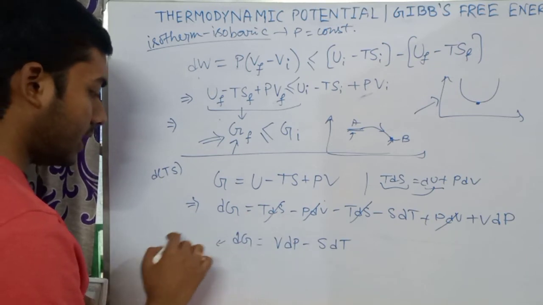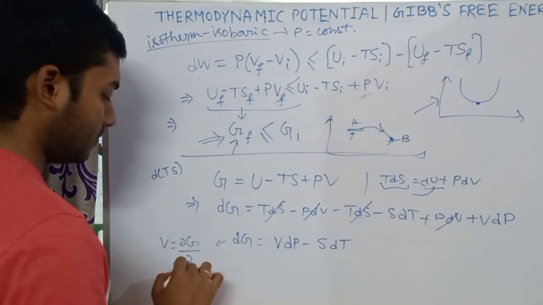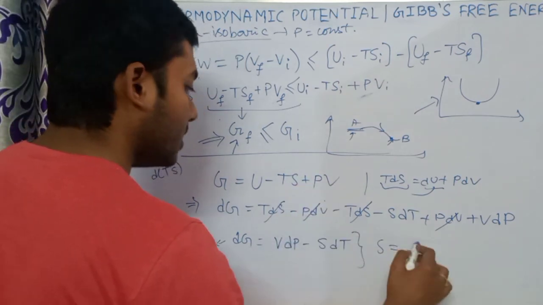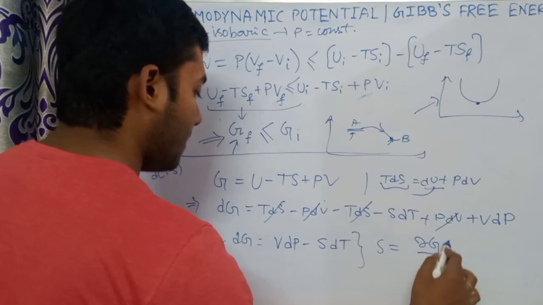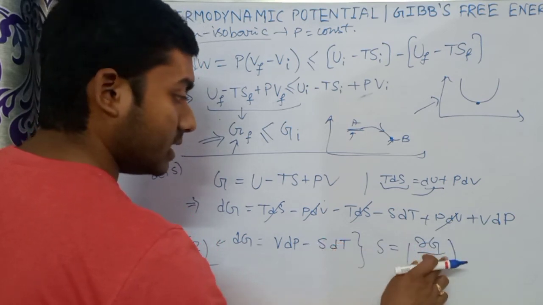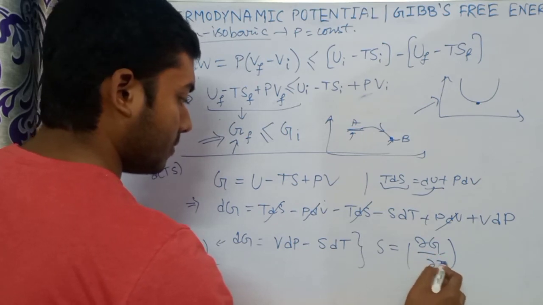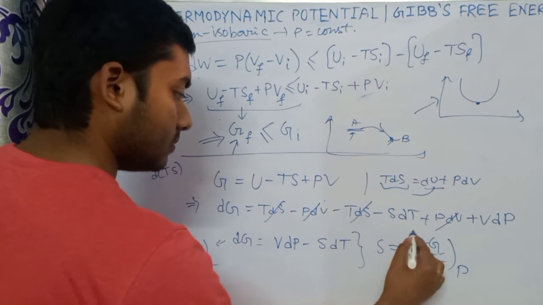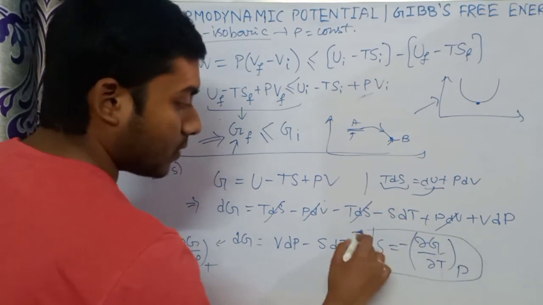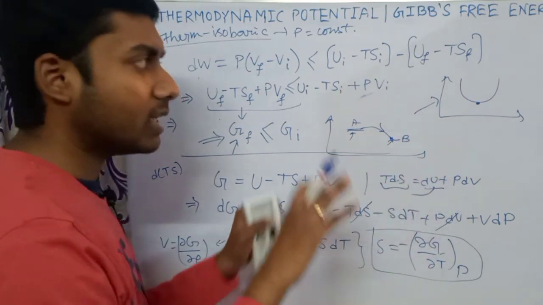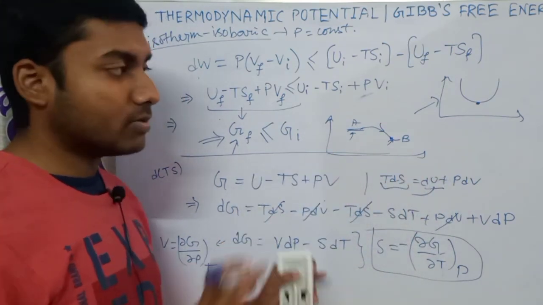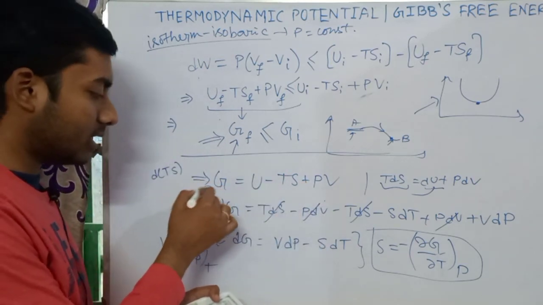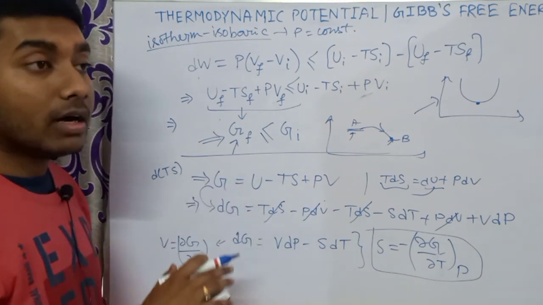From here you can also find V is equal to del G del P at constant T, and you can also find the entropy S is equal to minus del G del T at constant P. From here you can answer the various questions in which you have to use this relation and take the derivative, like in phase transition.